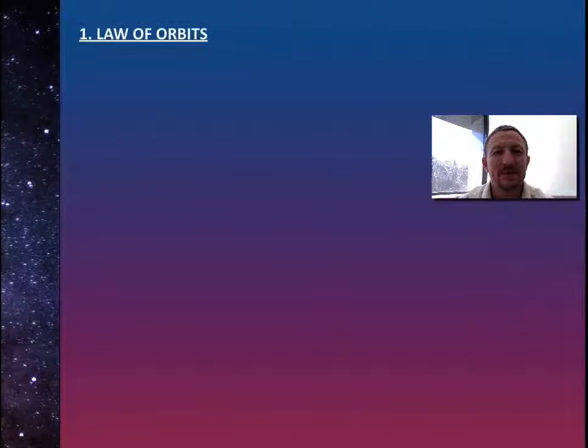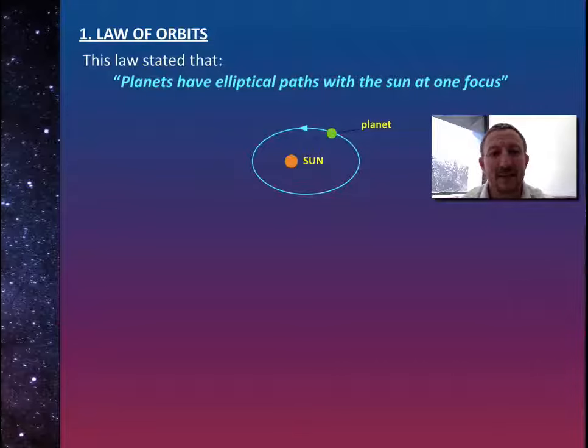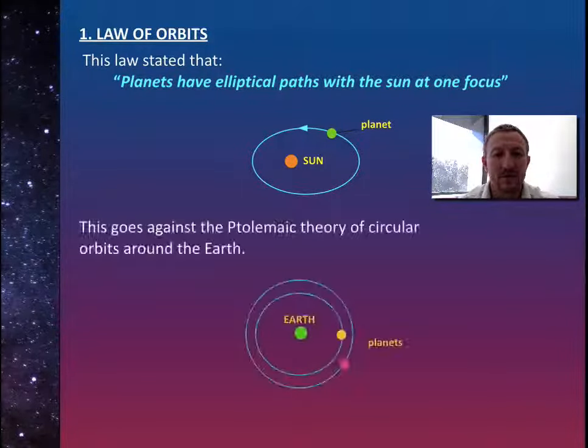Now, the first law, the law of orbits, states that planets have elliptical paths with the sun at one focus. Here you can see the sun and the planet, but instead of being in the center, the sun is off to one side. Again, this goes against the Ptolemaic theory of circular orbits put forward by Aristotle as well, the idea that you've got a circle and the planets spin around the Earth in the center.